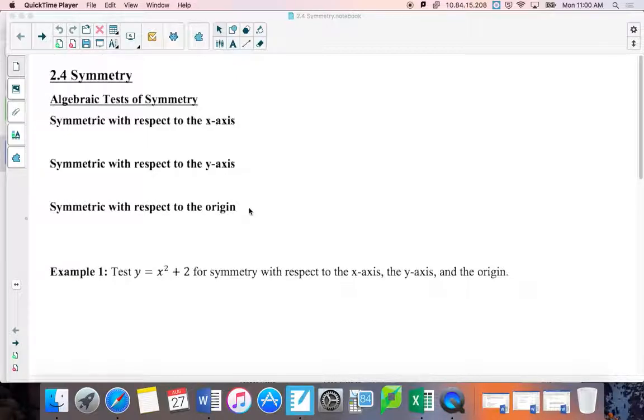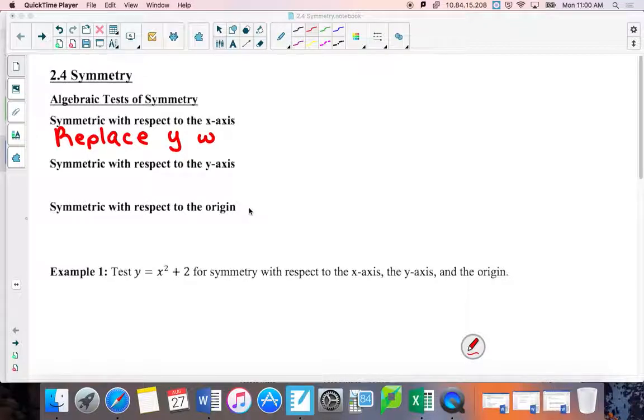So if we're going to test for symmetry with respect to the x-axis, we're going to replace y with negative y, and if everything is the same, so if you do that and you simplify and you get back the same equation that was originally given to you, so I'm just going to say all the same, then your equation or your graph is symmetric to the x-axis.